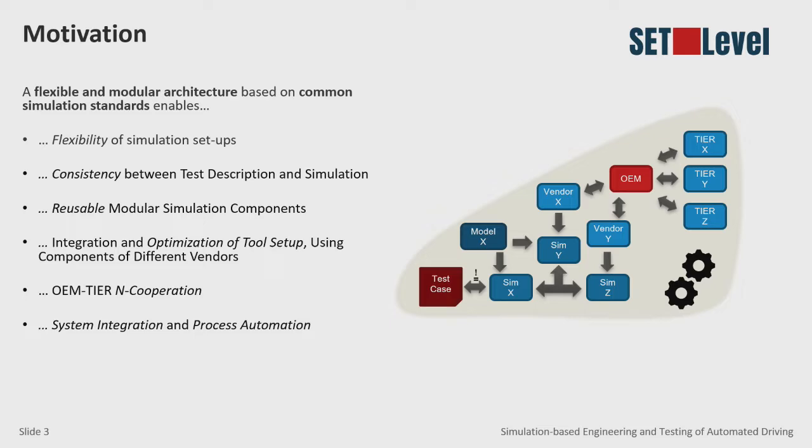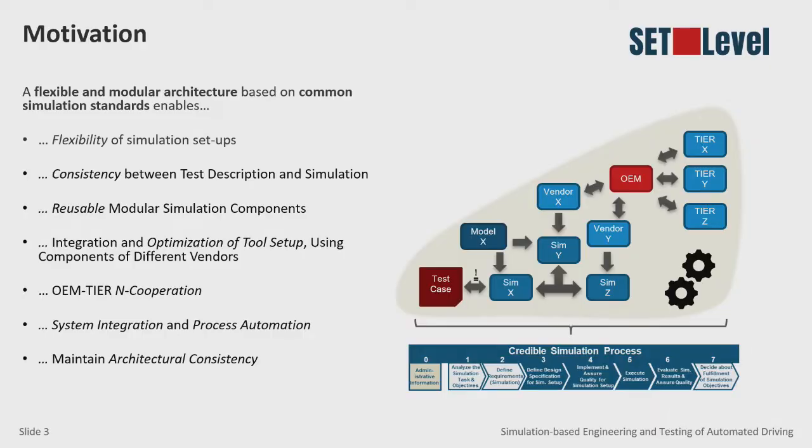If you have a really good system architecture design, it will ease process automation, which is of course a big factor in being faster in the development of your simulation and, in the end, the development of a certain functionality you want to develop and test. And finally, architectural consistency.